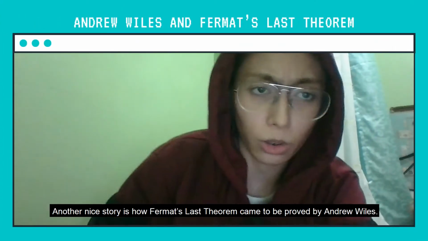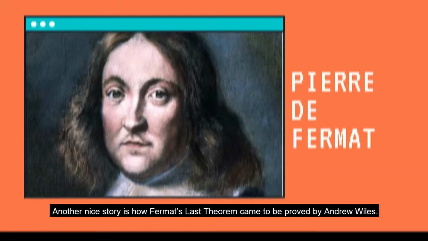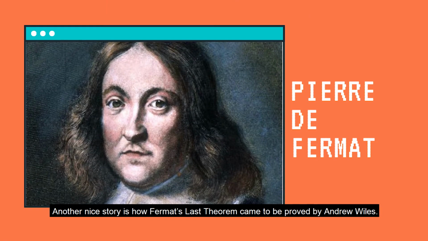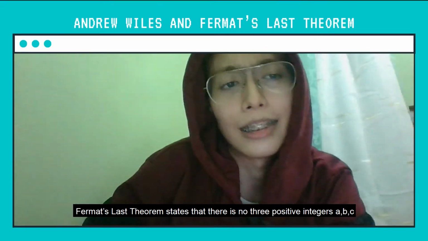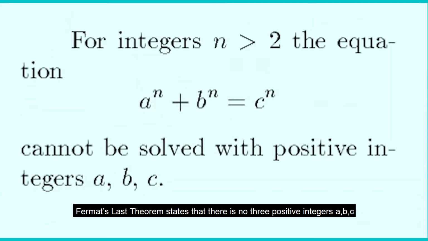Another nice story is how Fermat's last theorem came to be proved by Andrew Wiles. Fermat's last theorem states that there are no three positive integers a, b, and c satisfying a^n + b^n = c^n for any integer n greater than 2.